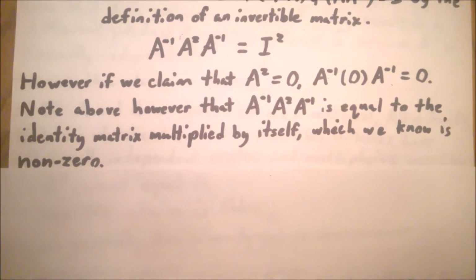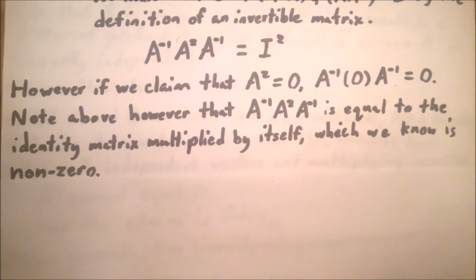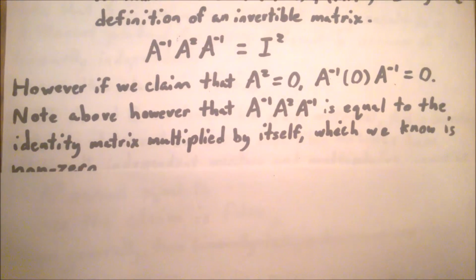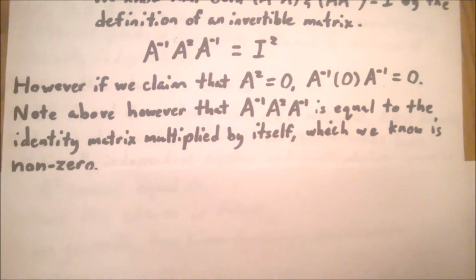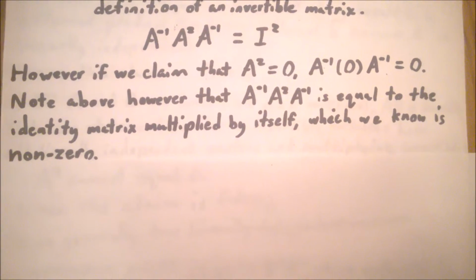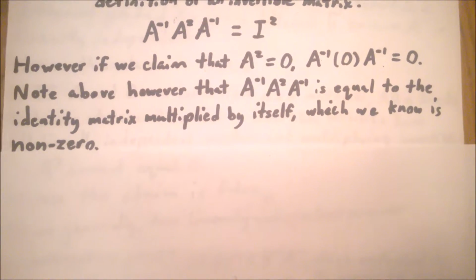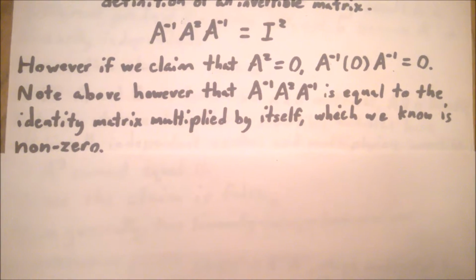However, if we plug in 0 in the place of A squared, A inverse times A squared times A inverse must also equal 0 by the properties of multiplying by 0. So basically what that means here is that it cannot equal the identity matrix if A squared can equal 0.